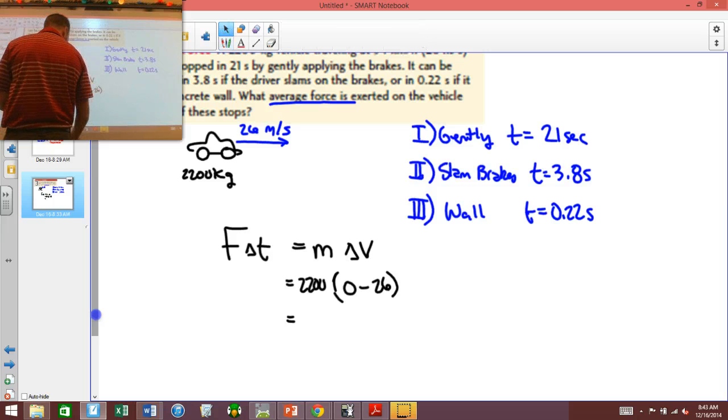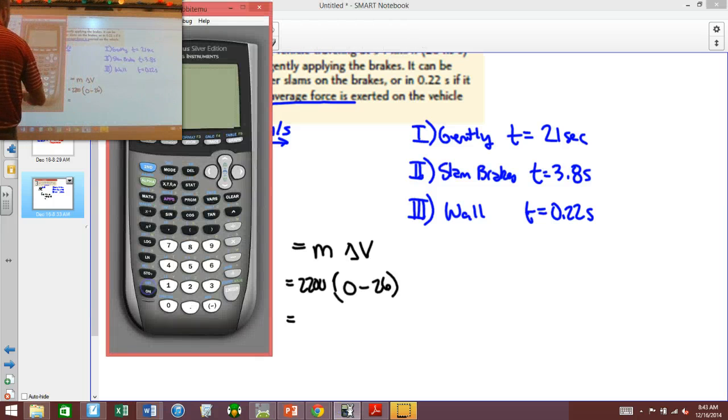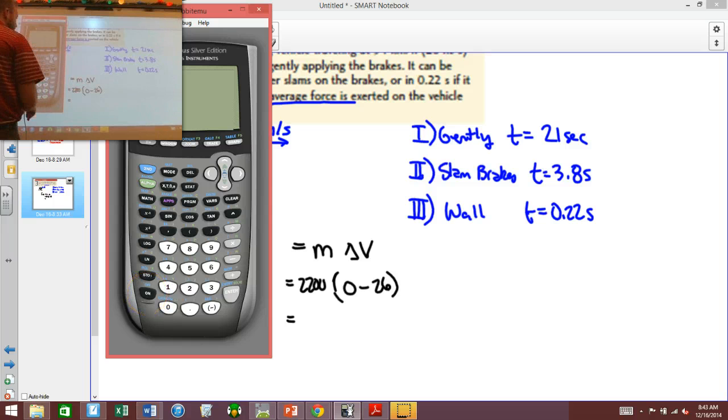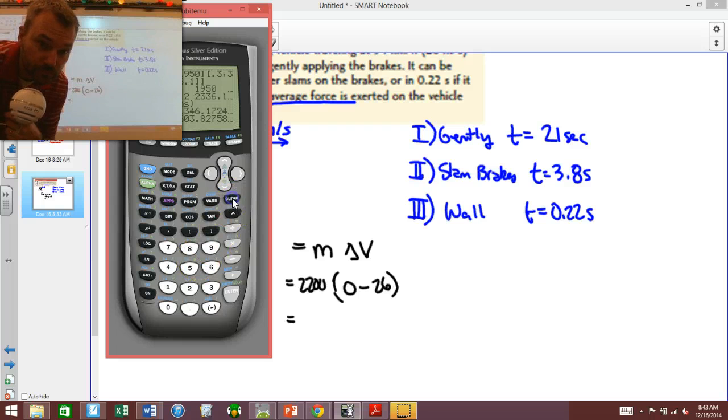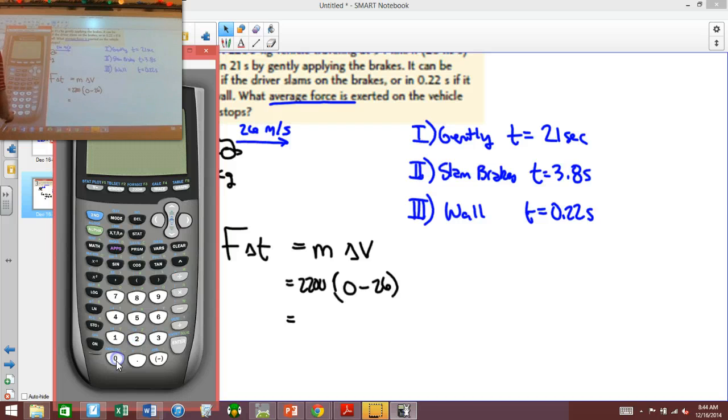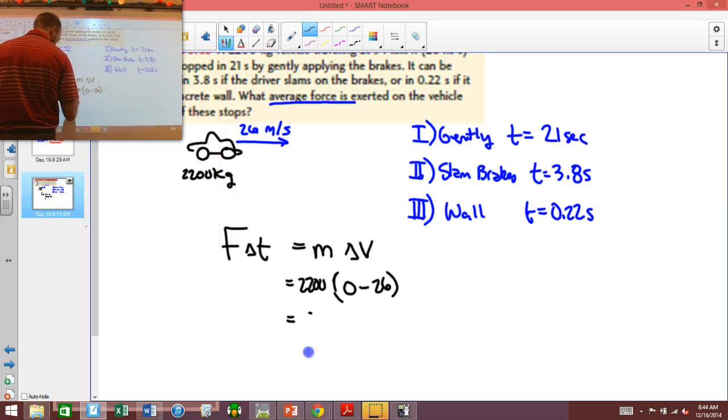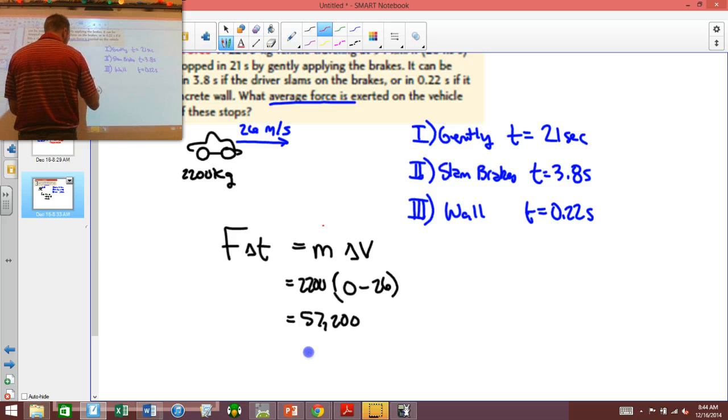So I take 2200 and I multiply by 26. I get 57,200. Now that's going to be kilogram meters per second.